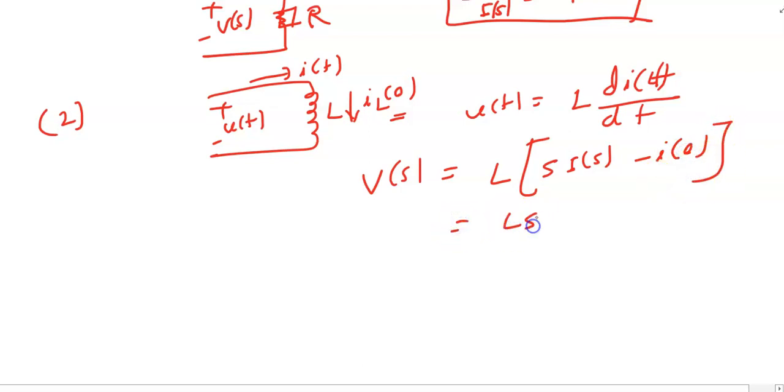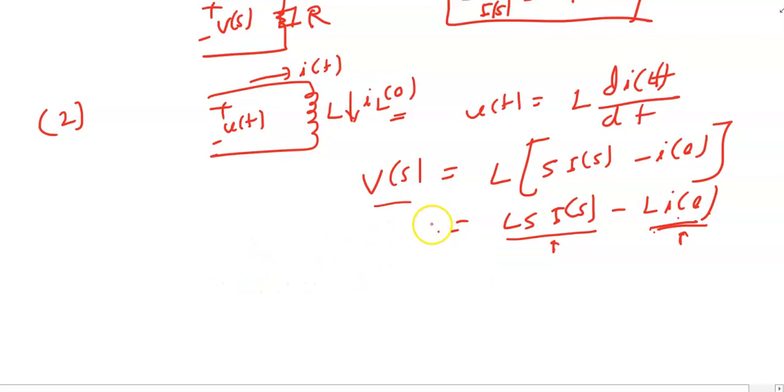So LS I(S) minus L I0. So this is the voltage transform equation. LS I(S) is due to the impedance, and this is the voltage transform due to the initial current.